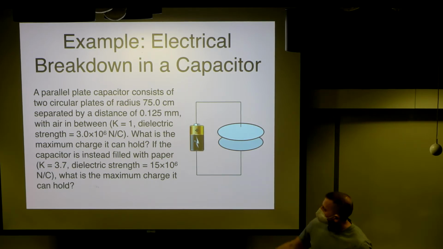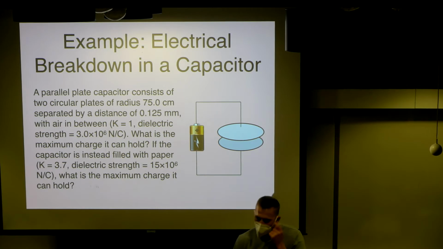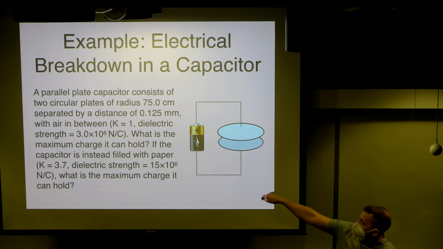My question for you is, what is the maximum charge that we can hold? By maximum, I mean, what's the most charge we can put there before the air in between the plates breaks down and then it just discharges the capacitor through the air? That's the maximum charge it can hold. Then we'll ask the question, let's say instead of just having air between the plates, we fill it with paper.